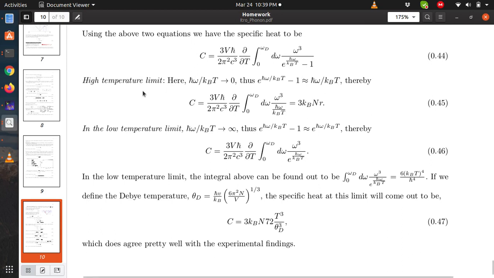Now we are going to look into the two extreme limits, the high and the low temperature limit.